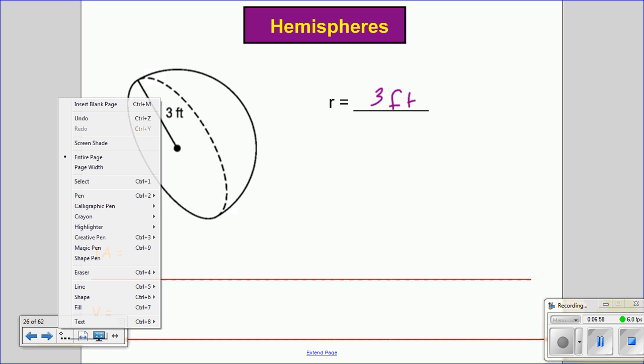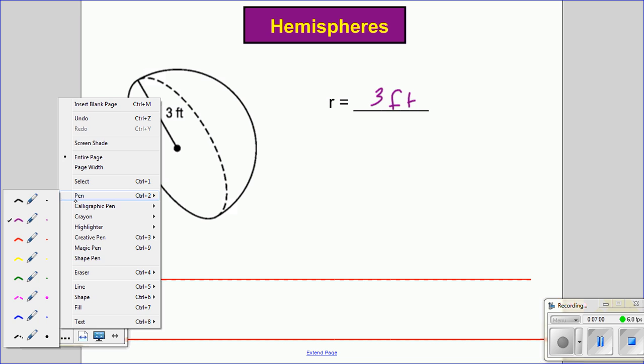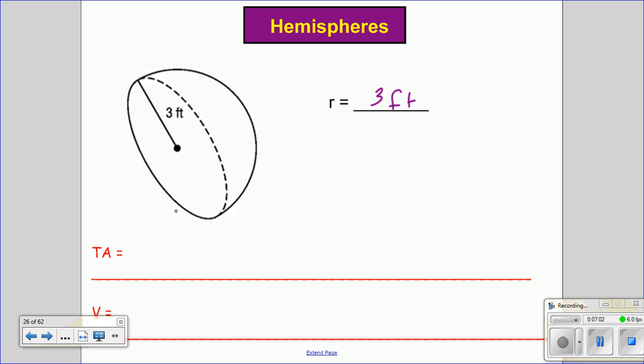To find the total area of my hemisphere, I'm going to take half of the sphere formula, which was 4 times pi times radius squared, plus I need to add 1 base.